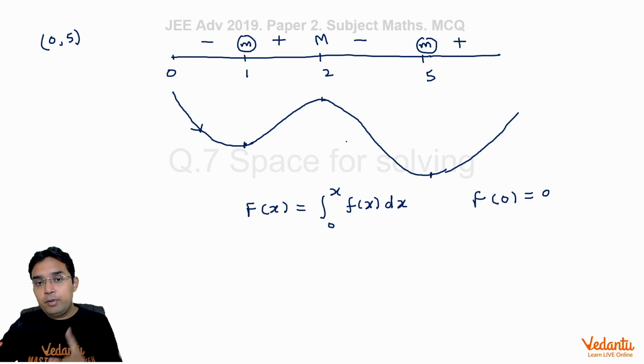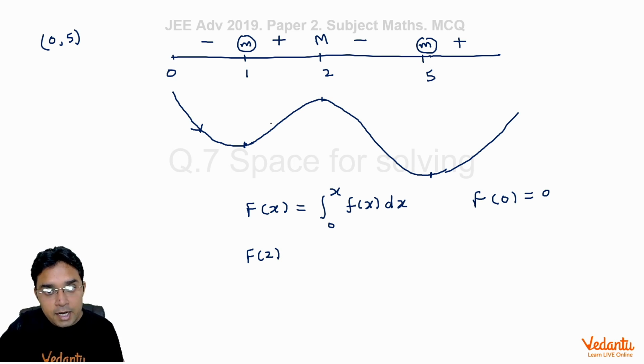Now if we are able to find what is the value of F(2), then we may be able to predict whether it will become equal to 0 or not. If F(2) is positive, then definitely, because before it was negative, it will become 0 at some time. But if F(2) is also negative, then this entire graph from 0 to 5 will be less than 0.